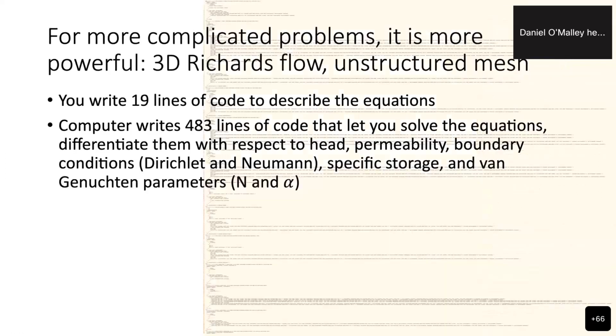So if you go to the next step up in complexity from just single phase flow, if you solve a 3D Richards equation on an unstructured mesh, the code you have to write doesn't increase at all. It's still 19 lines of code. The lines are a little more complicated, but it's still 19 lines of code. And then the computer takes those 19 lines of code and transforms them into 483 lines of code. Again, that lets you solve the equations and differentiate them with respect to the head, the permeability, the boundary conditions, the specific storage, and in this case, the van Genuchten parameters to characterize the relative permeability.